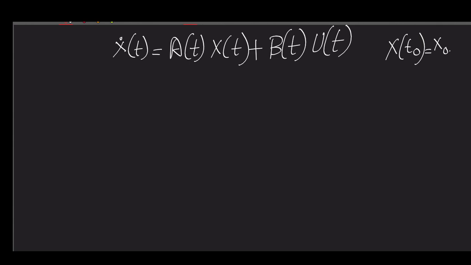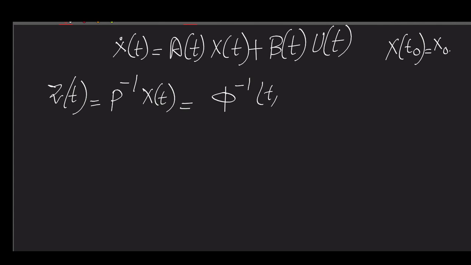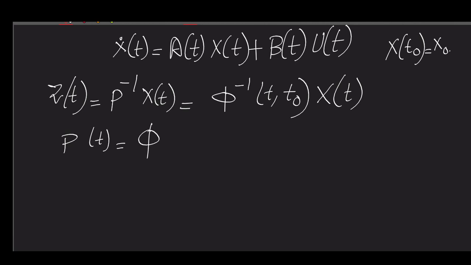So z t is equal to... See, there is no harm if we consider that P t is phi t comma t naught, because all the entries of phi t comma t naught are continuously differentiable, as well as this one is invertible.